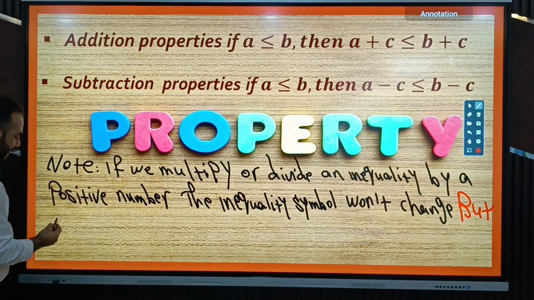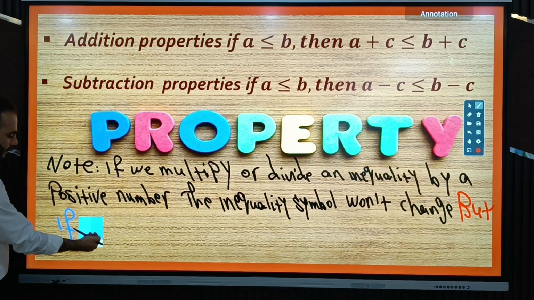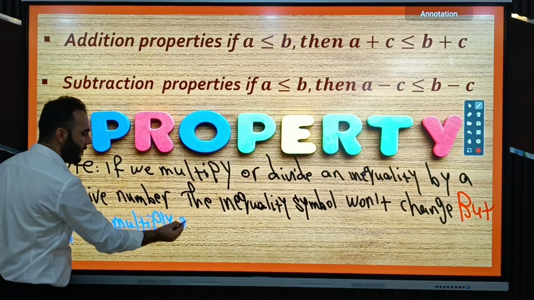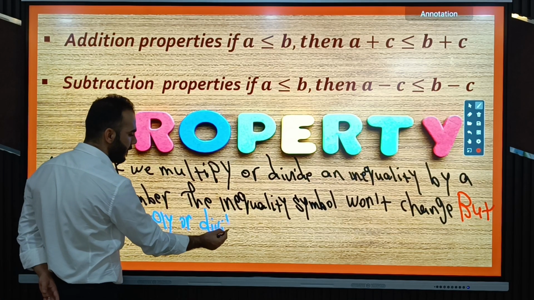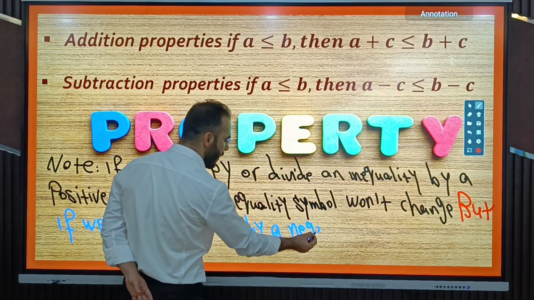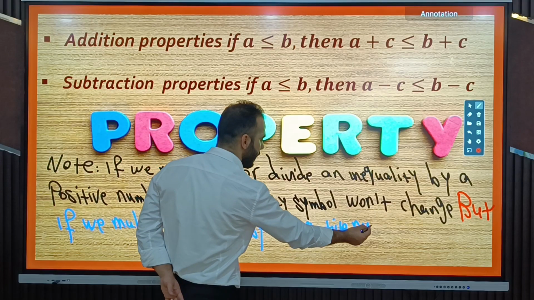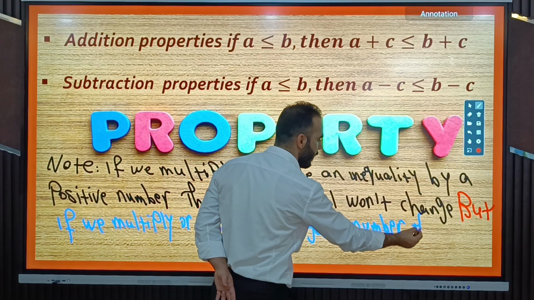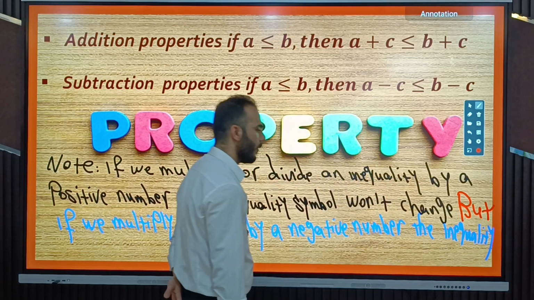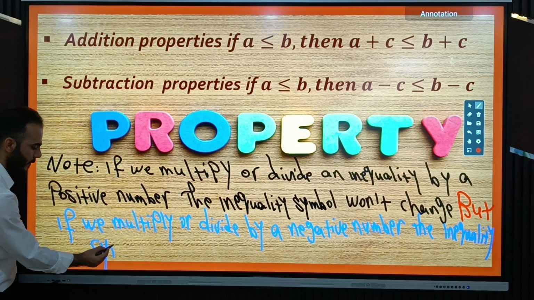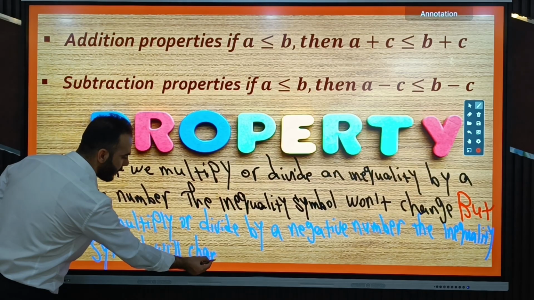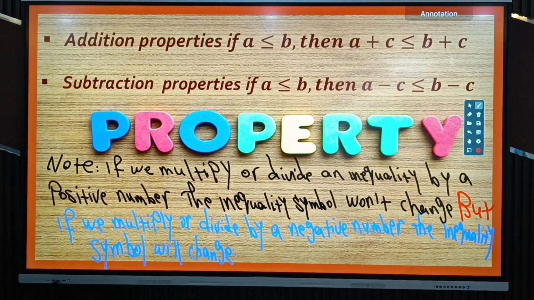But if we multiply or divide, doesn't matter, by a negative number, here is the point, the inequality symbol will change direction. We're going to find out what I mean by that.